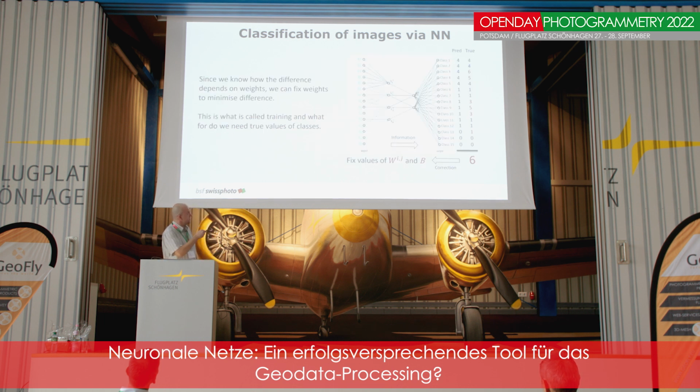Making these steps, information forward, correction back, information forward, correction back, a lot of times, we go to a situation when difference is minimized. This is what is called training. This is why we need true values of classes.